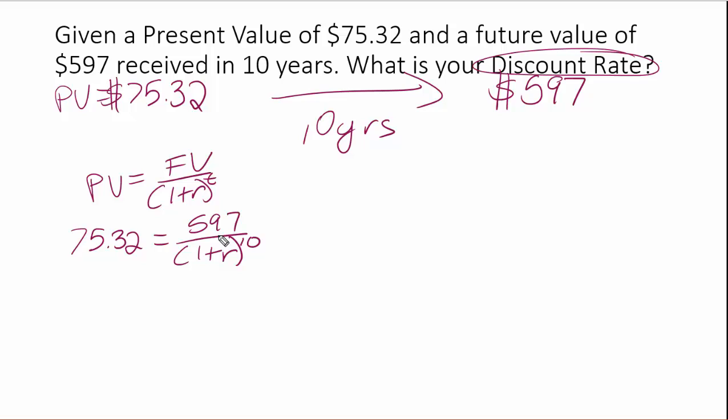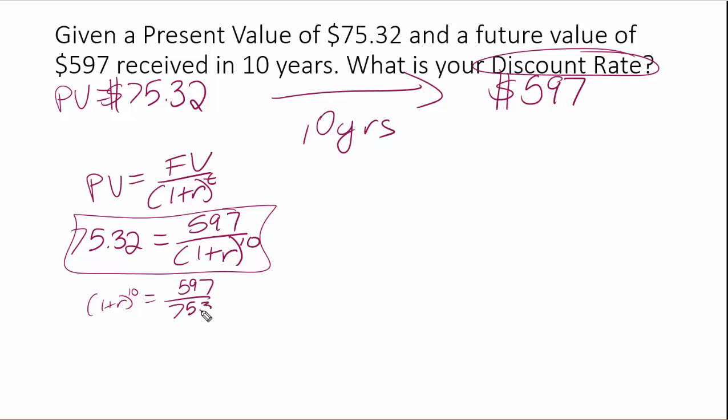So then what we're able to do is rearrange this portion right here. If we're going to do it algebraically, I know most of you are probably going to use the financial calculator, but if we're doing it algebraically, we can rearrange it. So we end up having 1 plus r to the 10th power is equal to 597 divided by 75.32. And then we take on both sides the 10th root, right?